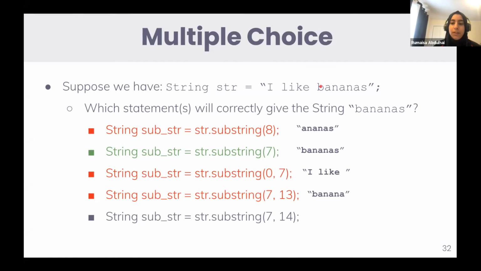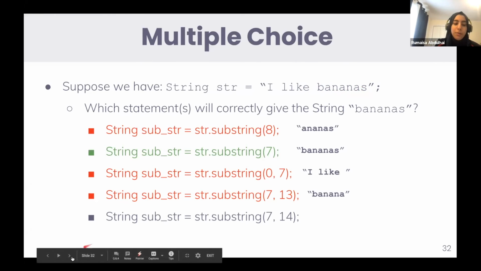So starting from 7. Then we do 8, 9, 10, 11, 12, 13. So because of the way that substring is, it doesn't include the last index. So it's 13 minus 1. So we'll actually output banana and not bananas. So what about the last one?